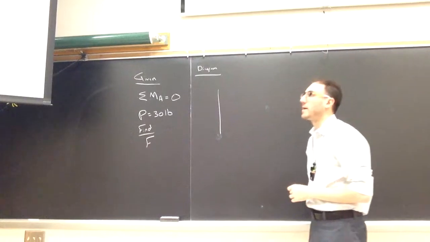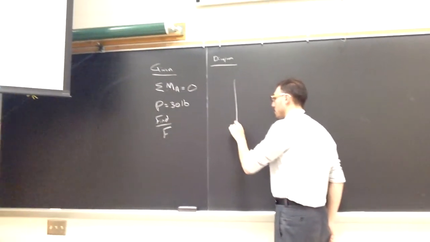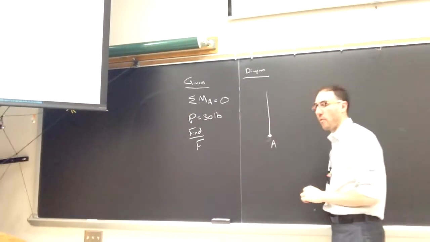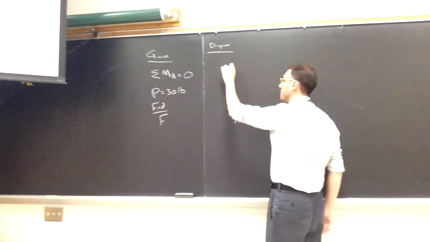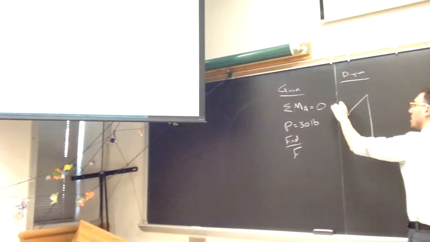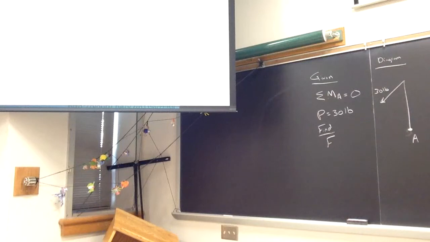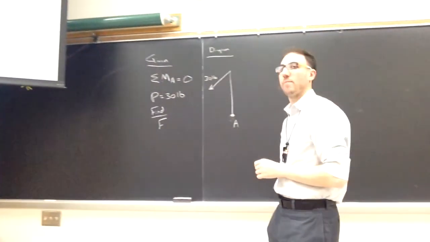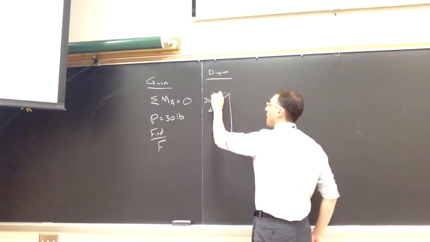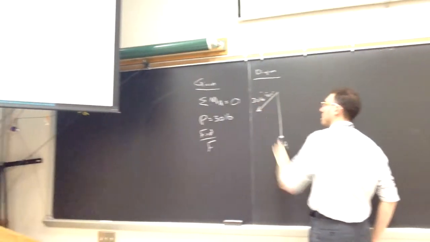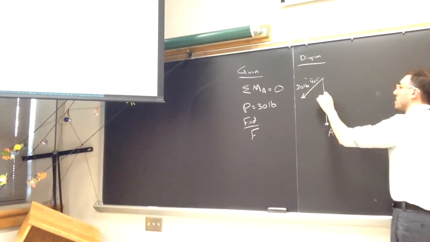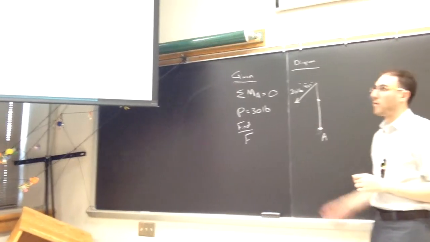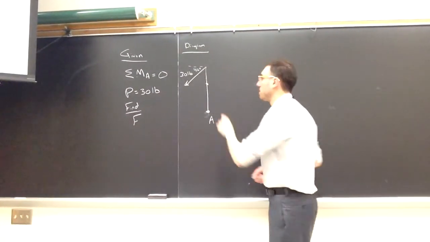So I can have my utility pole here. I have my point A. This is 45 degrees from the horizontal, which actually is also 45 from the vertical. The other person is pulling at a lower spot on the pole.